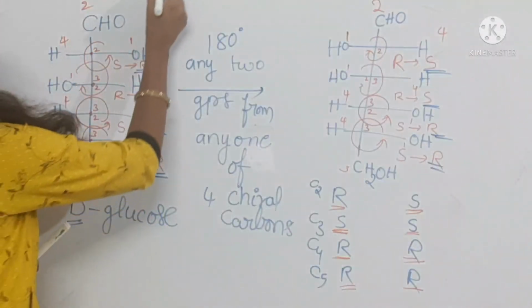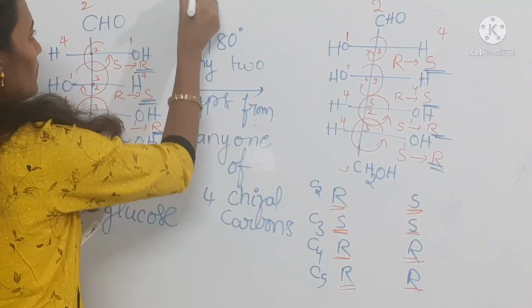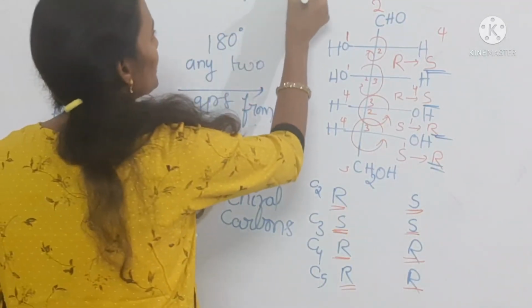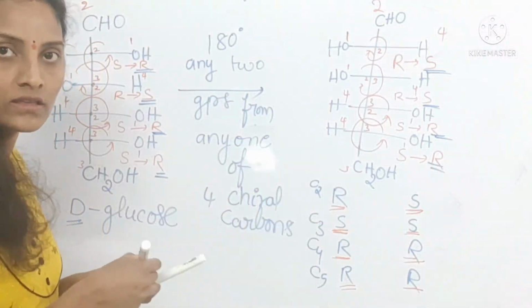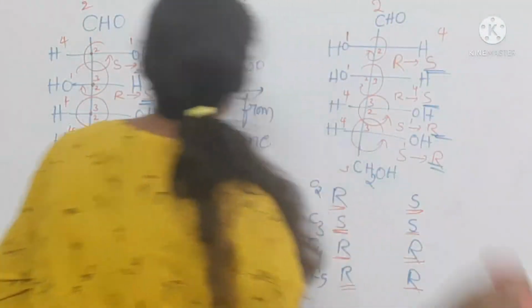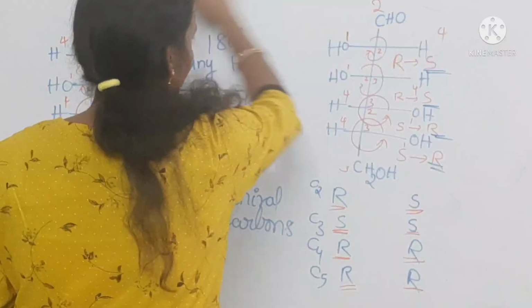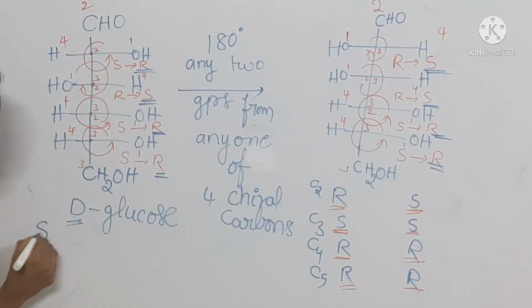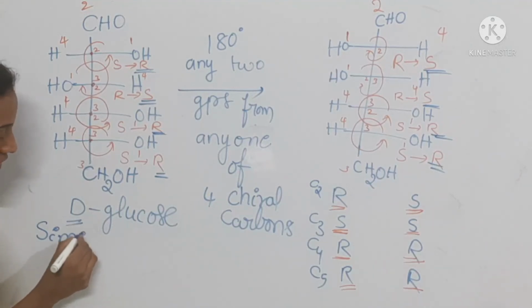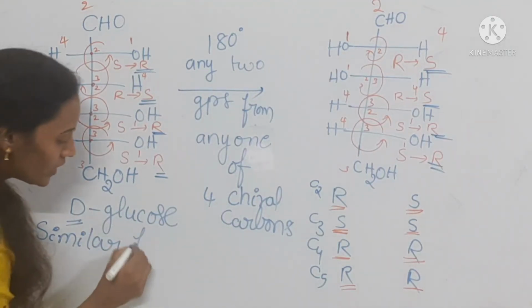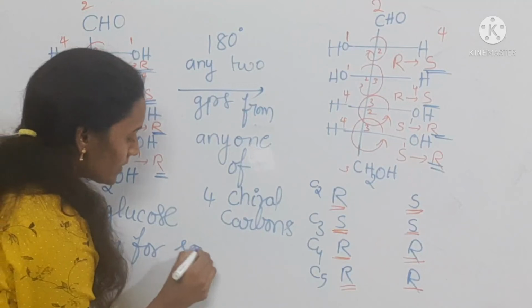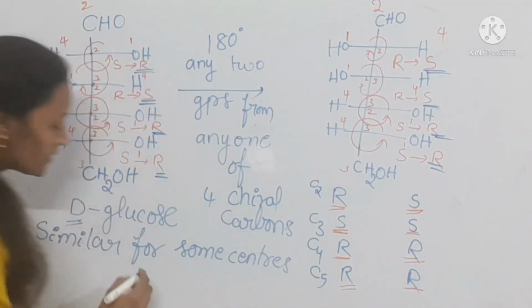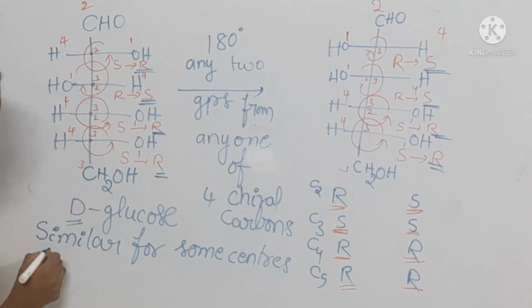See, the configuration is similar for some centers and opposite for some centers. Is it clear? I think it's not visible. See, here I am going to write: configuration is similar for some centers and opposite for some centers.